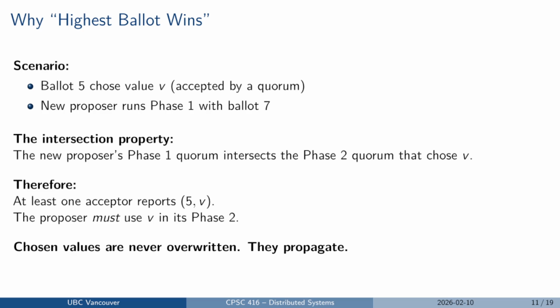So the new guy only proposes a higher ballot number, but he only proposes the value that's already been adopted. So once it's been adopted, you can still have another person come along and propose it, but they can't change the value. That is what's giving us our immutability. That's what makes the decision persistent.